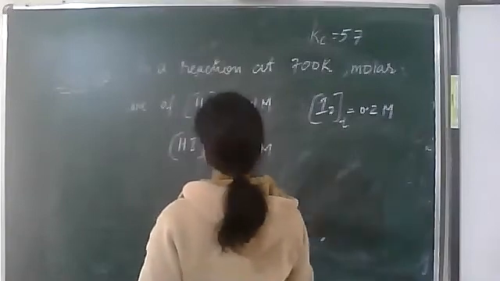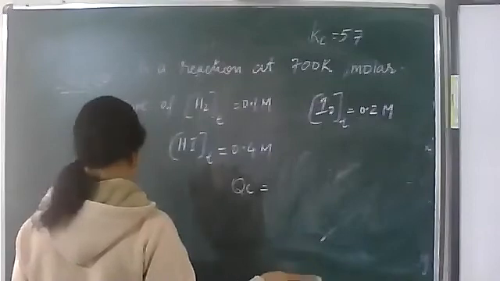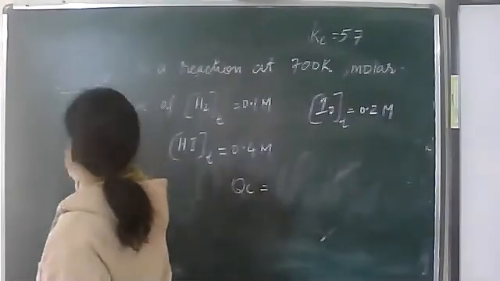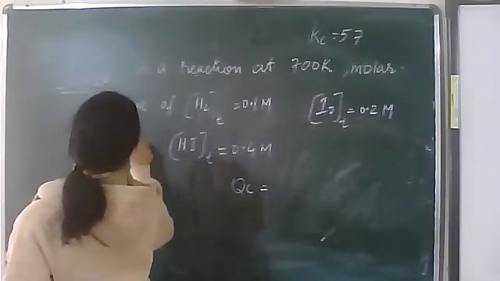QC is equal to, the equation is H2 plus I2 gives 2HI.